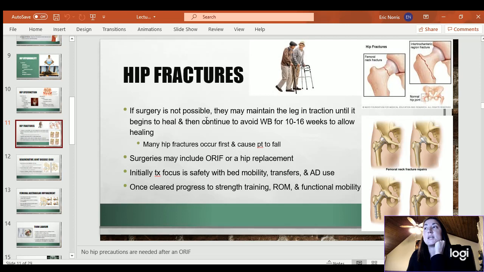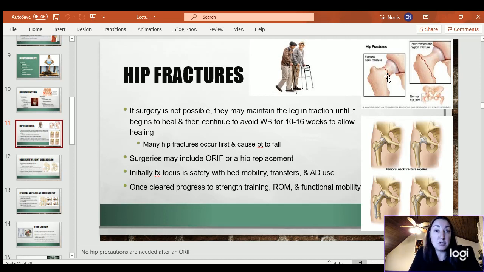And another thing I would like to mention is oftentimes a fracture actually occurs before the fall. So a lot of people are scared of falling as they get older, and they are afraid to fall and break a hip. But in many cases, they actually break a hip, and that's what causes them to fall, especially in females who have osteoporosis, where they're walking and the bone has gotten so brittle that they take a wrong step or step off a curb funny, and actually the hip breaks, and that causes the fall.